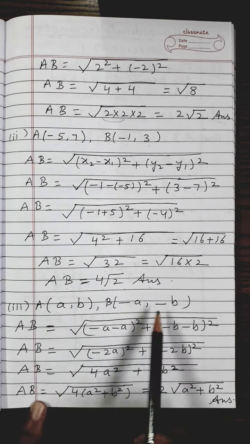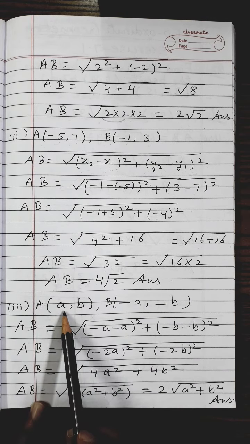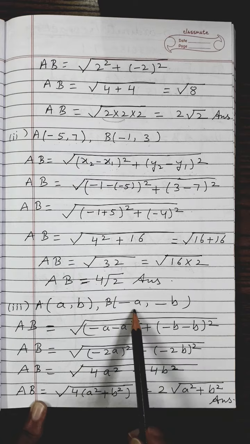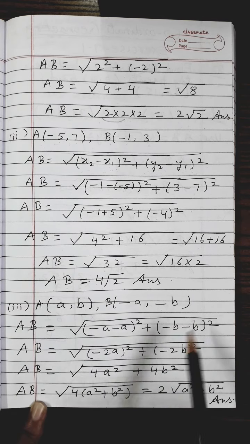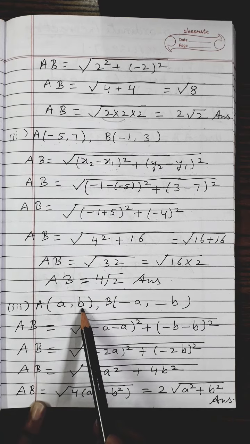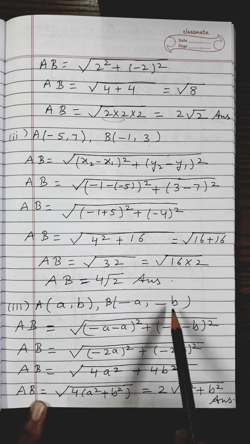In the third part, the two points are: point A is (a, b) and point B is (minus a, minus b). Again use the distance formula. AB will be given by, this is your x1 comma y1, this is x2 comma y2.